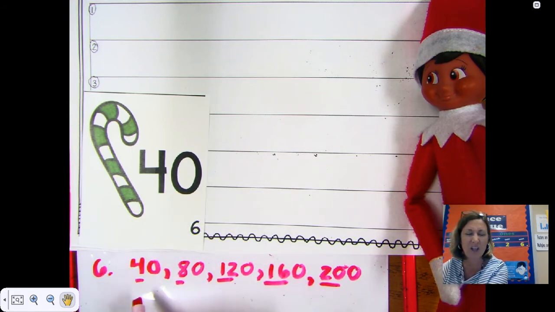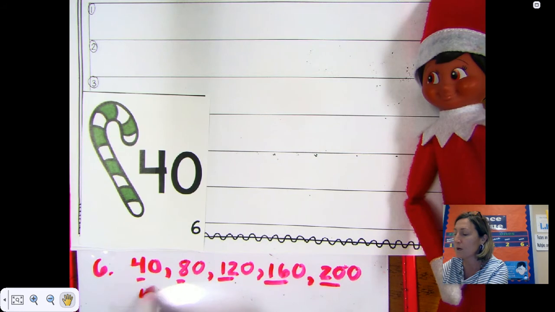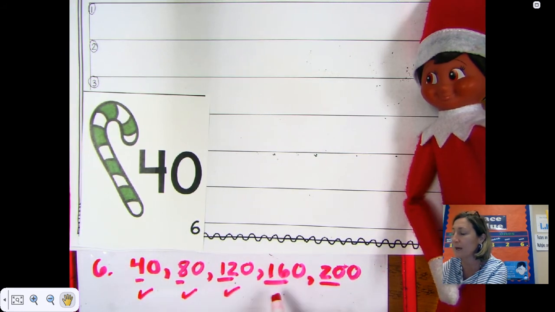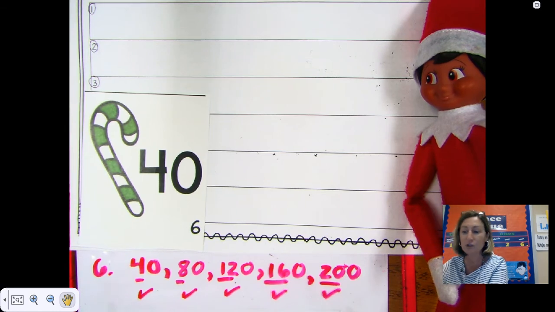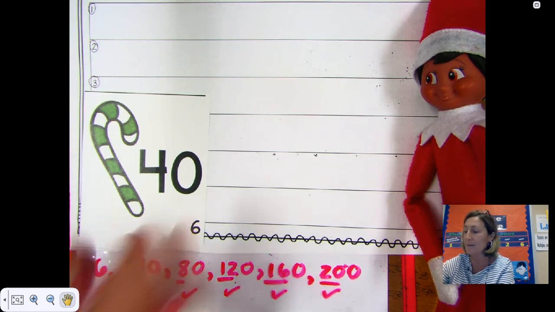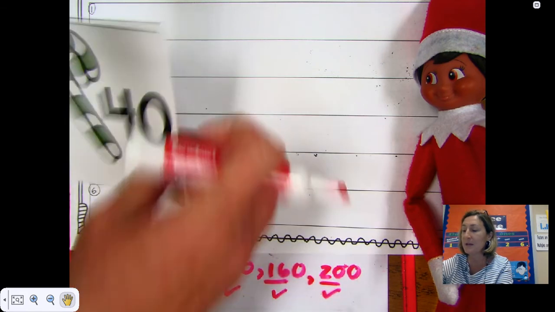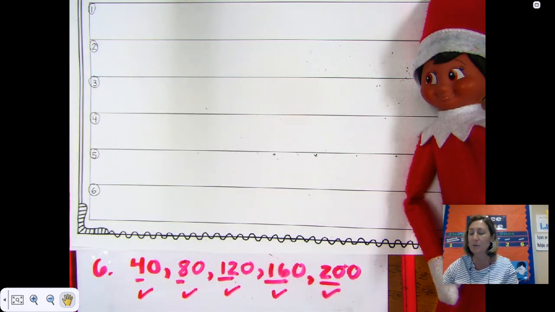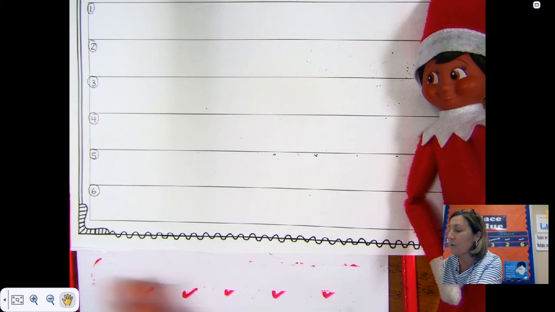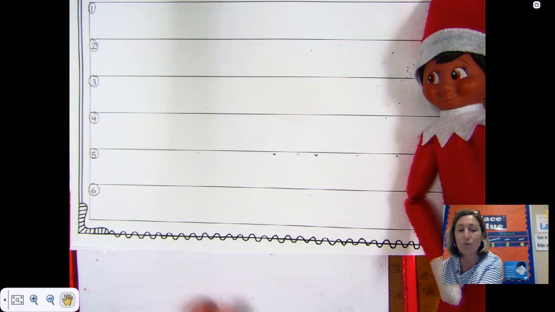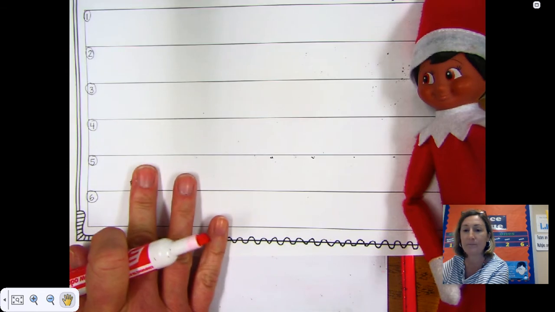So that just might be a quick little helper hint. 40, 80, 120, 160, 200. Those are the first 5 multiples of 40. Now, that's going to be your number 6. So if you paid attention, that's what you're going to fill in on your sheet for your number 6. We just did one that you're going to have on your sheet together. Got it?